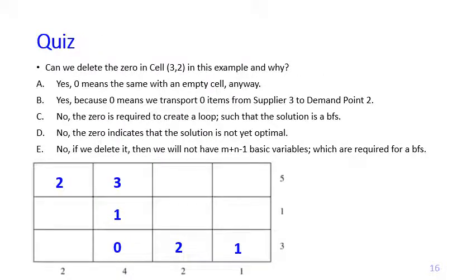Now the last quiz question for this section. Can we delete the 0 in the cell 3, 2 in this BFS, and why? There will be a pause on the video and I will give you the answer after that.